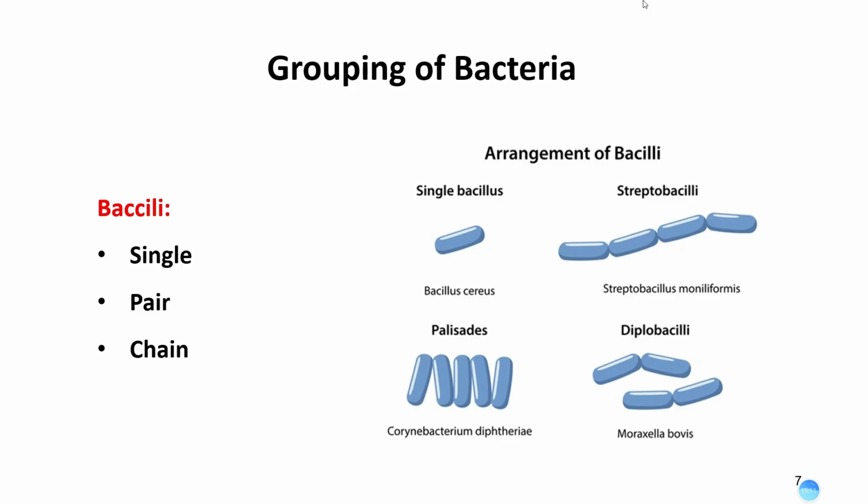Strepto also means chain. And some bacteria like to lie next to each other in parallel, like this one, Corynebacterium diphtheriae, which we will introduce. They lie in parallel next to each other. So that's the bacilli.